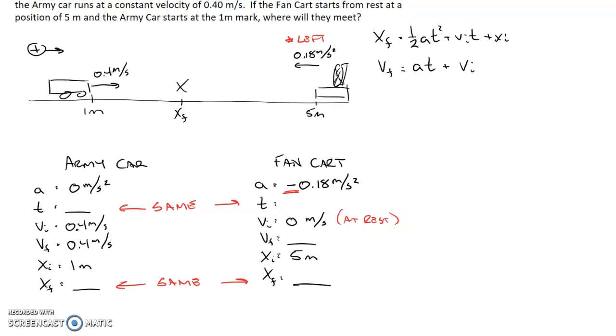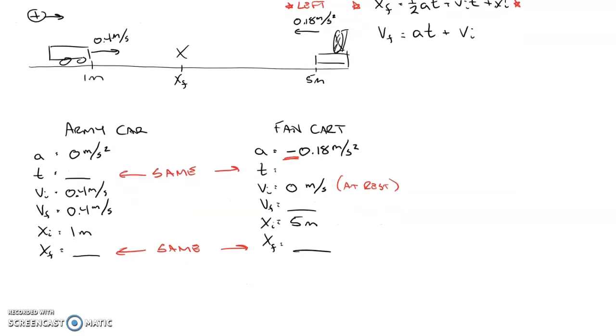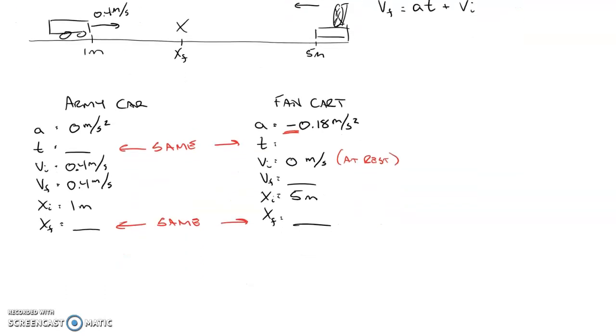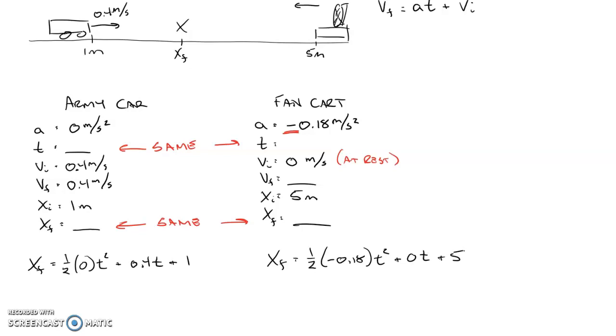So we're going to use our position function, and we can model the position of each car at any point in time. So for our army car, the final position of the army car is 1/2 of 0 t squared plus its initial velocity times time plus its initial position. And the final position of the fan cart is 1/2 of negative 0.18 t squared plus its initial velocity, which is 0, times time plus its initial position.